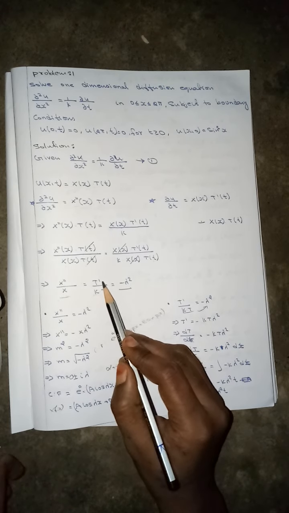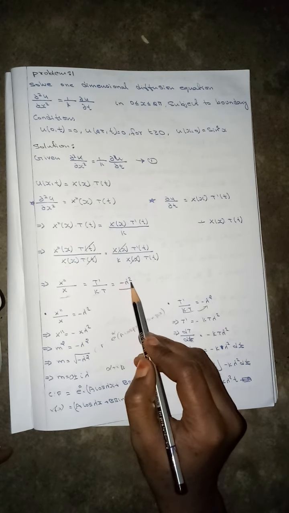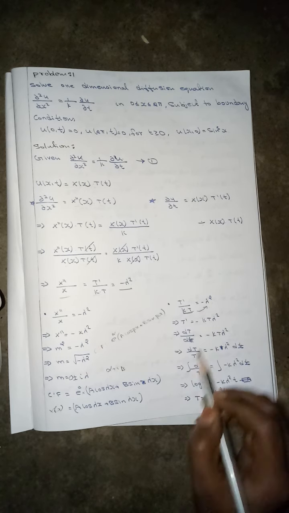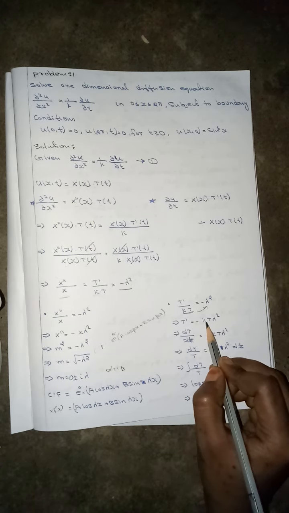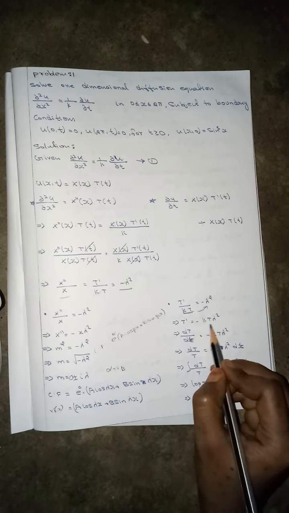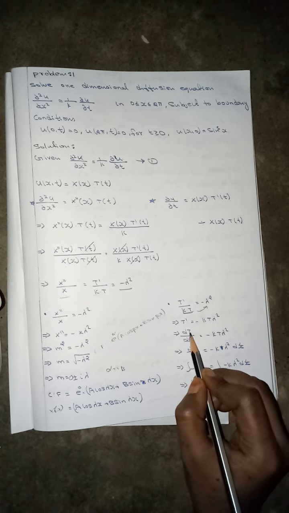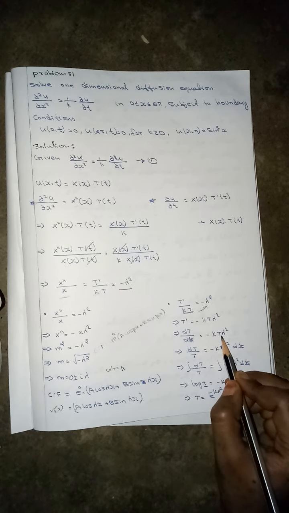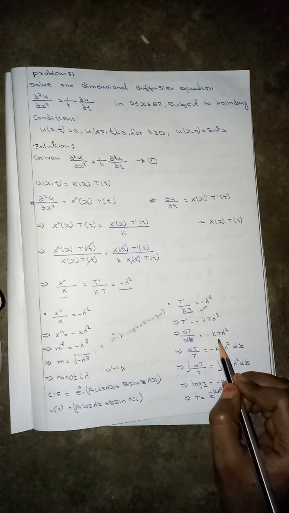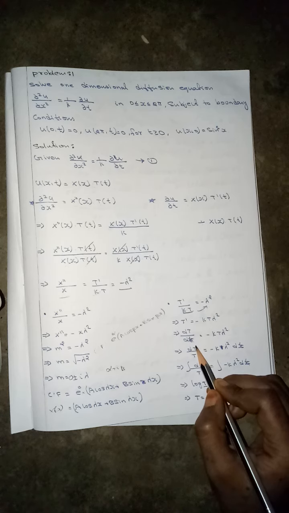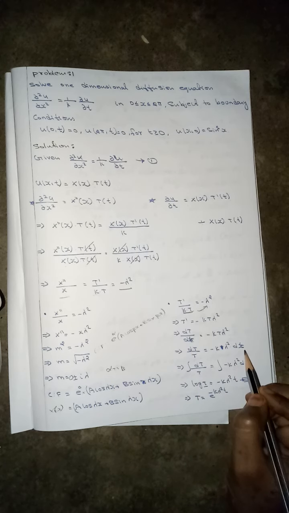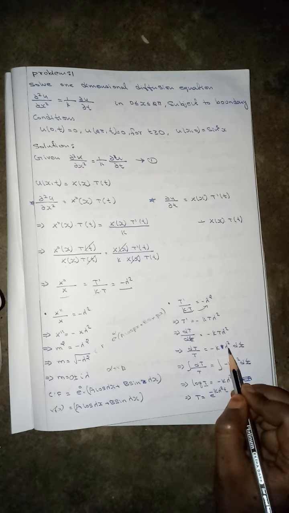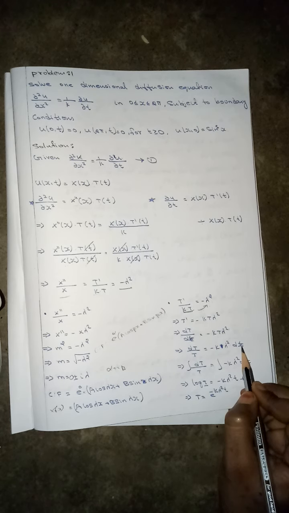Next, equate T'/(kT) = -λ². Then take this term to the right-hand side. We get T' = -kλ²T. Then T' is nothing but dT/dt = -kλ²T. To simplify, I am going to take T to the left side and dt to the right side. I get dT/T = -kλ² dt.